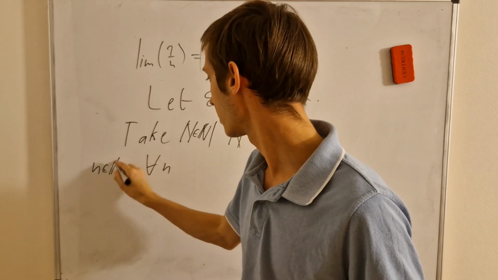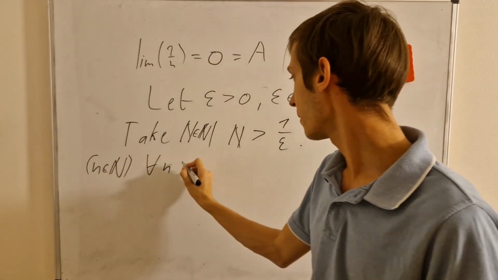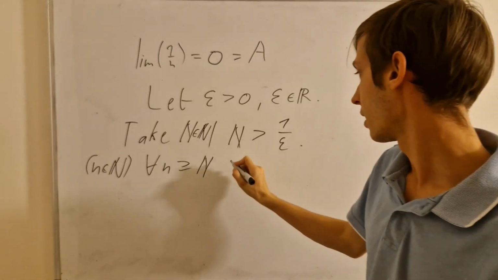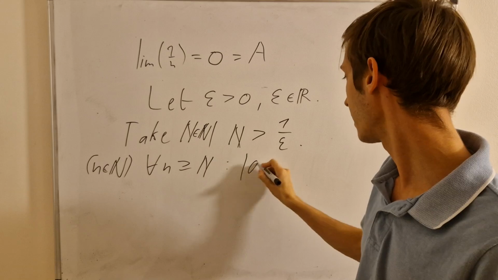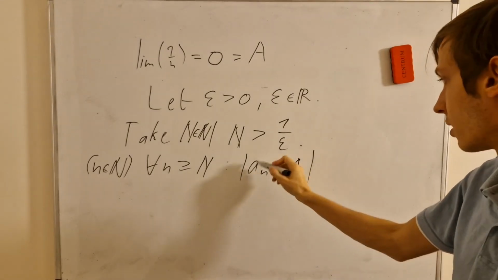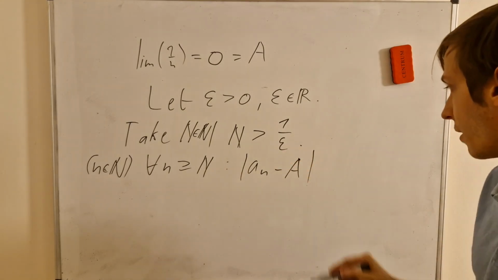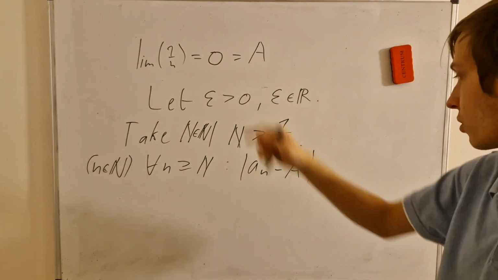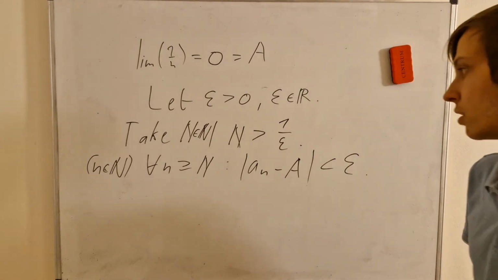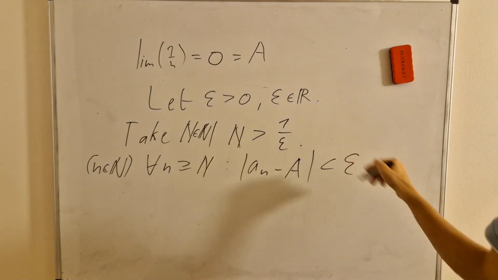Now if we continue, let's label some lowercase n that's in natural numbers. For every n that's higher than or equal to the uppercase N, we want the difference between the supposed limit of the sequence and the sequence output at lowercase n to be smaller than epsilon, some very small positive real number, the same epsilon.